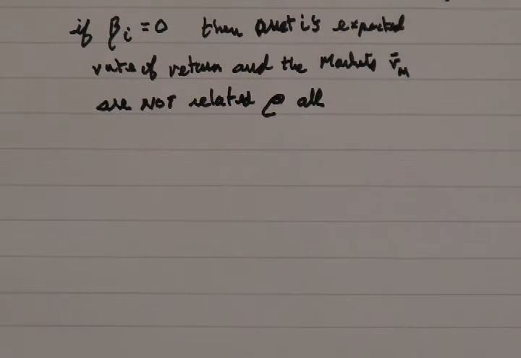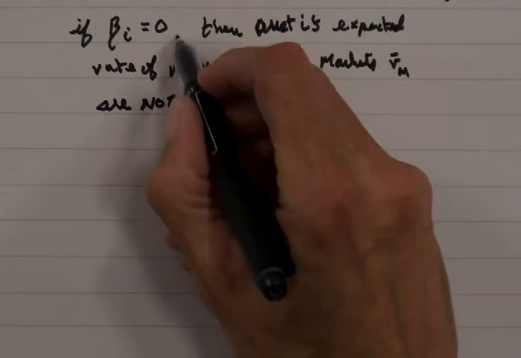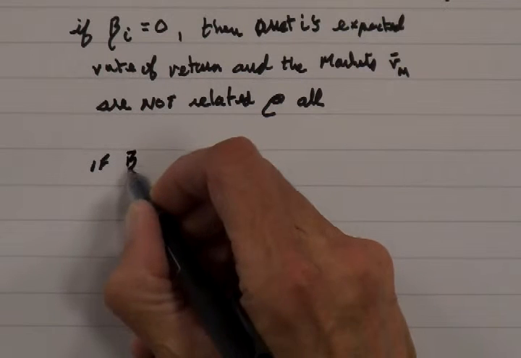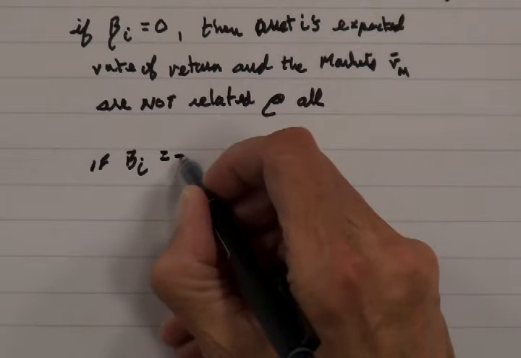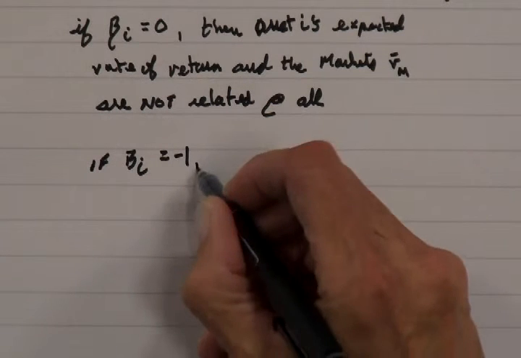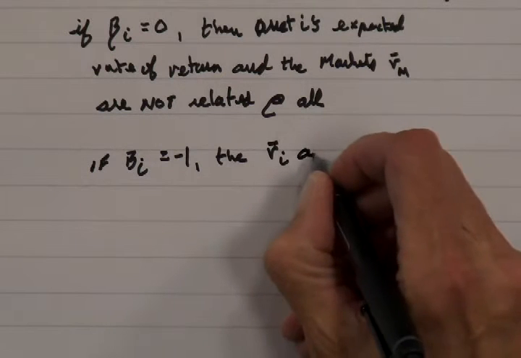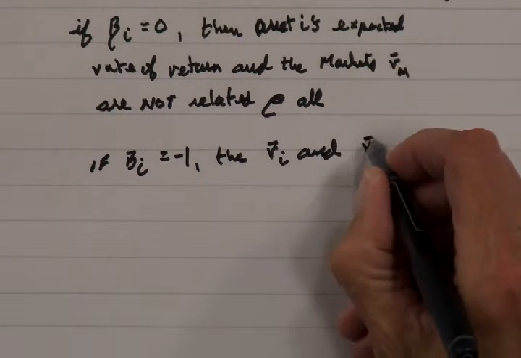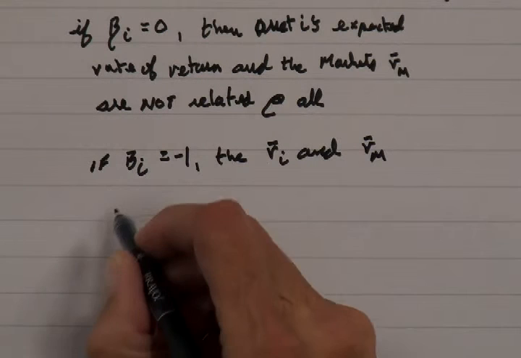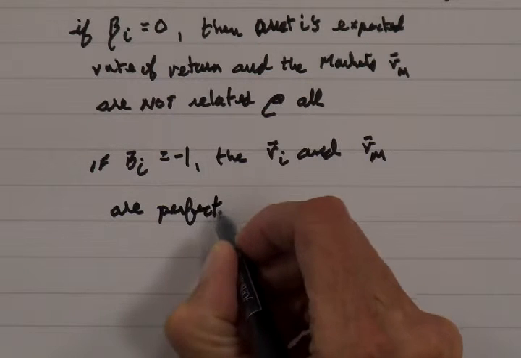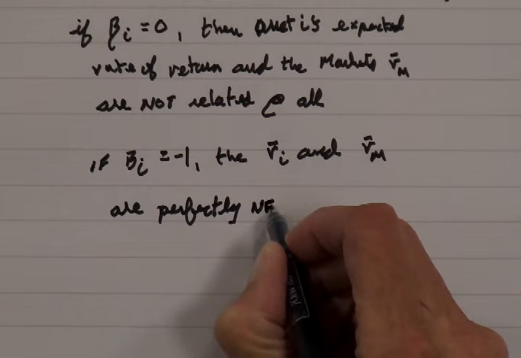So the market could go up and asset I's could do anything. It could go up, it could stay where it is, or it could go down. Now if beta I equals -1, then asset I's expected rate of return and the market's expected rate of return are perfectly negatively correlated.